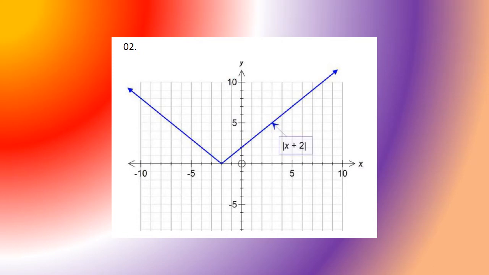Also, it touches the x-axis when the y-coordinate is 0, such that x equals minus 2, which is minus 2, 0. So the main 2 points are minus 2, 0 and 0, 2. We draw the straight line y equals x plus 2. Modulus means after this point where the straight line touches the x-axis, the graph reflects back to the same side.